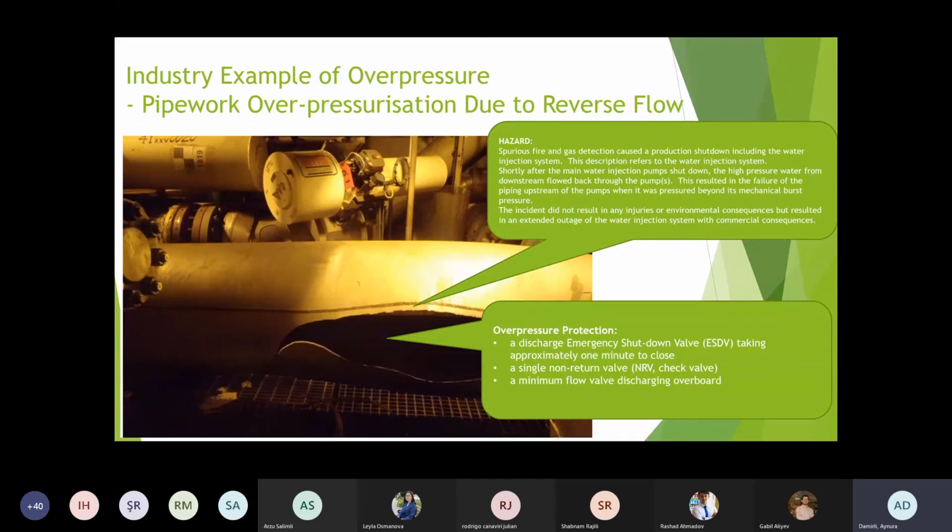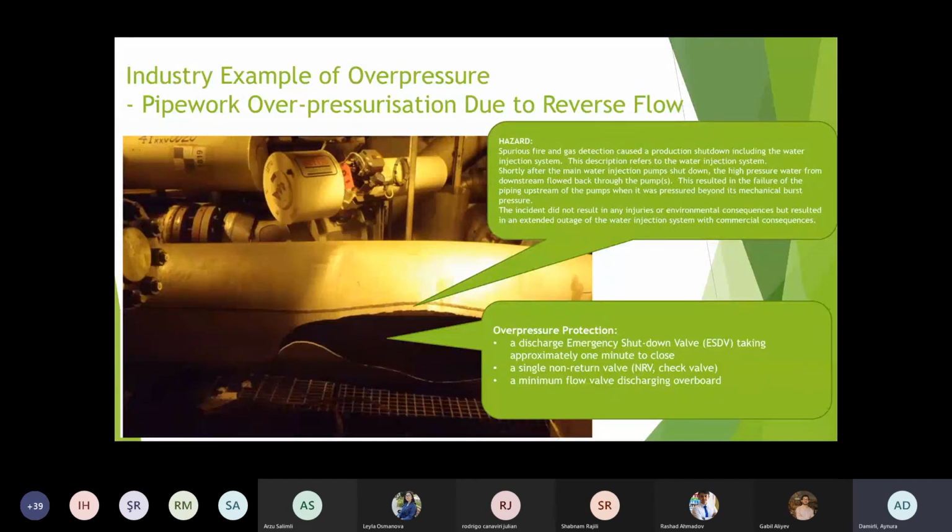And from the barrier effectiveness point of view, you know that we have a barrier which stops consequences, and barrier effectiveness for each type of protection. For the emergency shutdown valve, the process safety time, the time between the signal that initiated the trip and the failure of the piping, was 40 seconds.